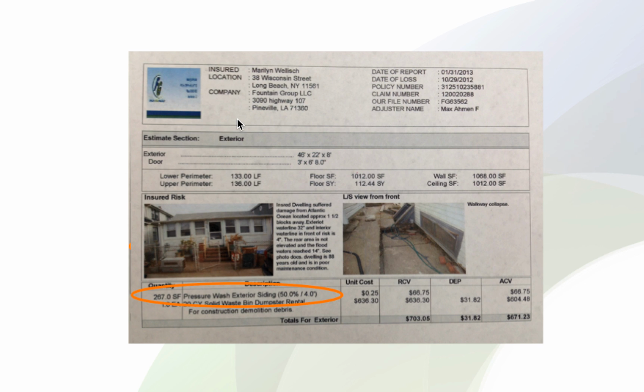The exterior, they're addressing by pressure washing the exterior siding 50%, 4 feet up. So what's happening in this claim is they're completely ignoring the exterior sheathing on the house. In order to replace this exterior sheathing, you'd have to replace the siding and remove and replace the railings or anything that's mounted on the siding and any other trims and stuff like that.